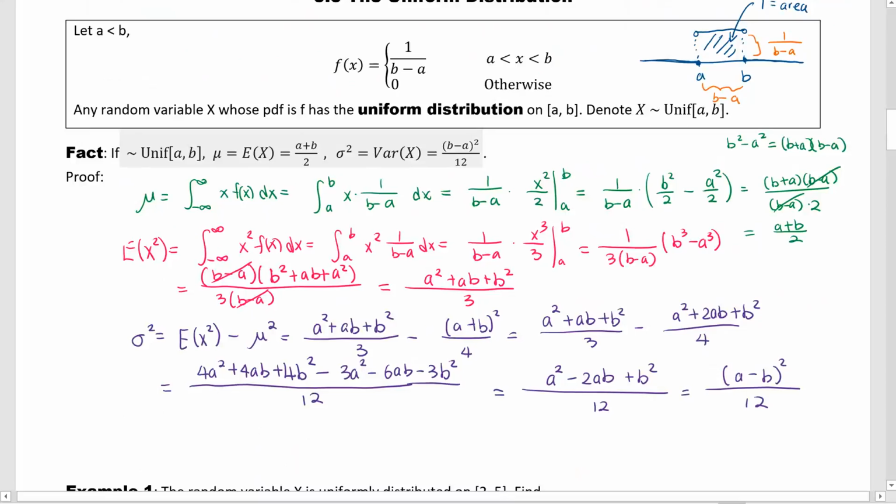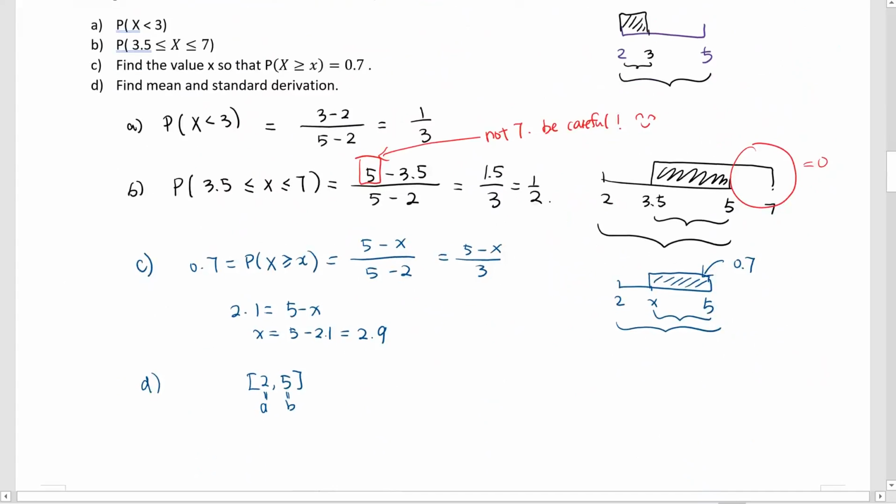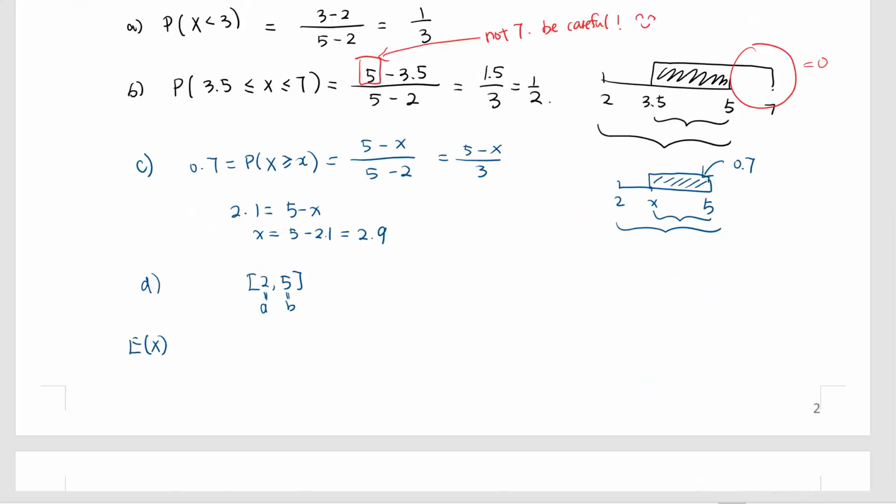Mean is A plus B over 2, variance is B minus A squared over 12. So the mean is 2 plus 5 over 2. 2 plus 5 is 7, 7 over 2 is 3.5.